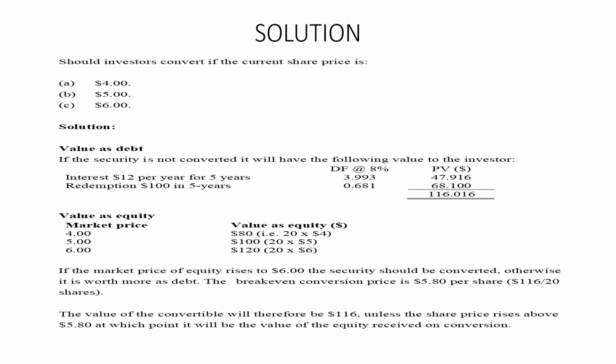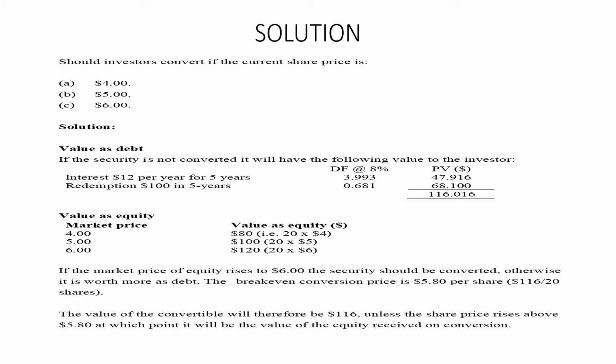First of all, we have to find out the value of interest per period. We can use the annuity formula, with $12 as R, I would be 0.08, and the number of installments is 5, so we get the value 47.916.